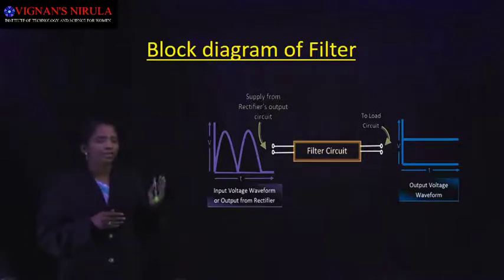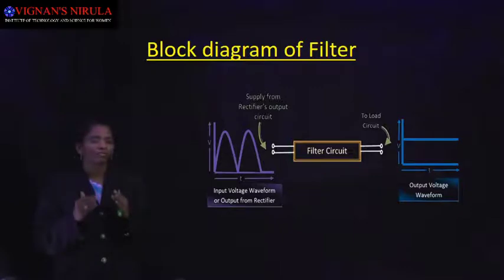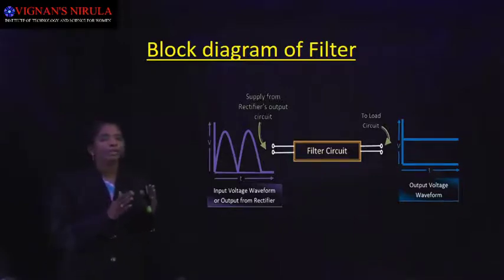This is the block diagram of the filter. We give the input as pulsating DC; the output of the rectifier is connected to the input of the filter circuit, and at the output of the filter we get pure DC.